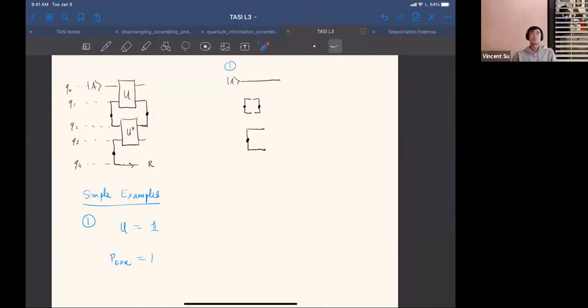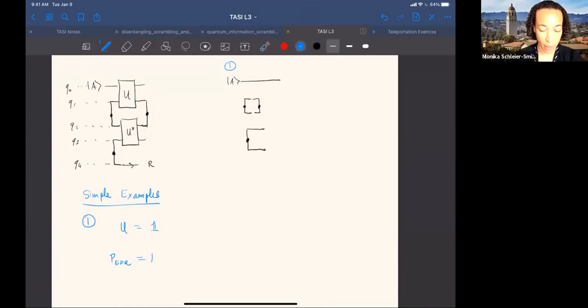So this succeeds with perfect probability, and the fidelity. Let me write some notation. Let's say the input state that we had here is psi in, and that's going to be A cross, and I'm going to call this EPR state phi.